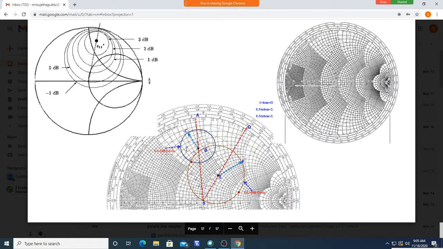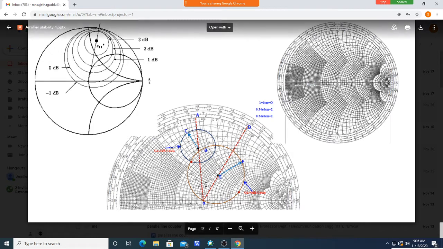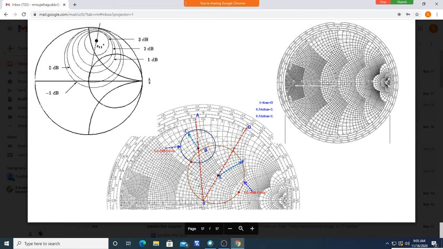But if you choose any value over this, as we saw, some values of ZS may lead to oscillation. The system may start to oscillate. We cannot directly use any value over this circle. Similarly, we cannot take any value over this circle as ZL. This is a load gain circle.